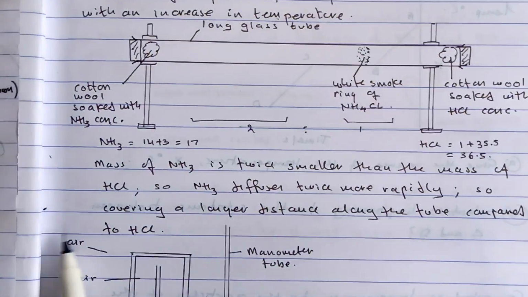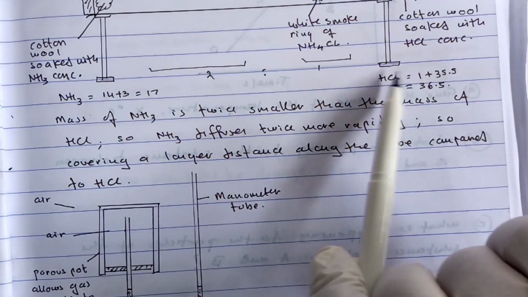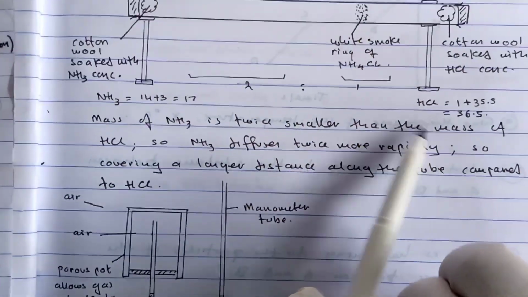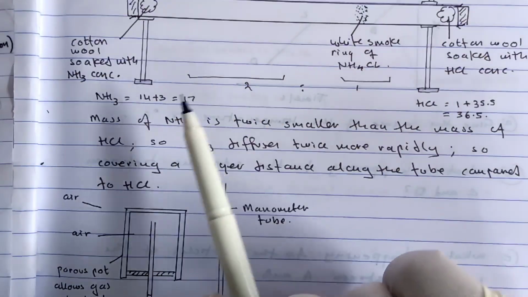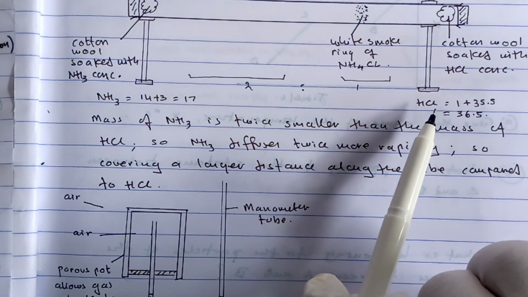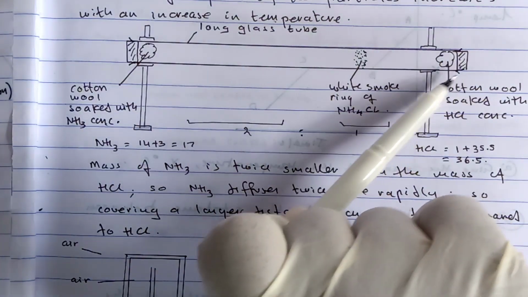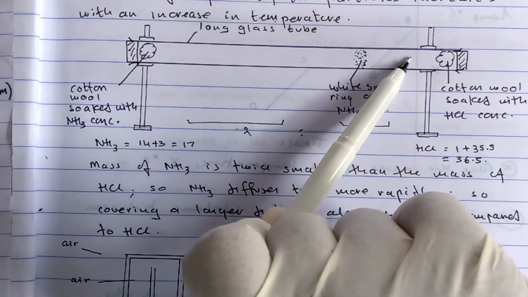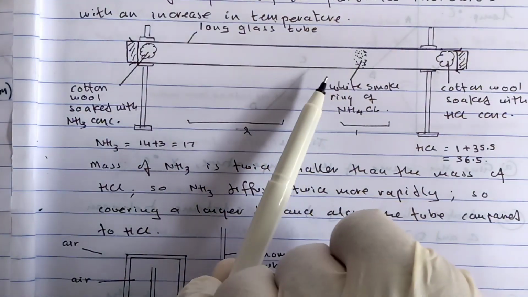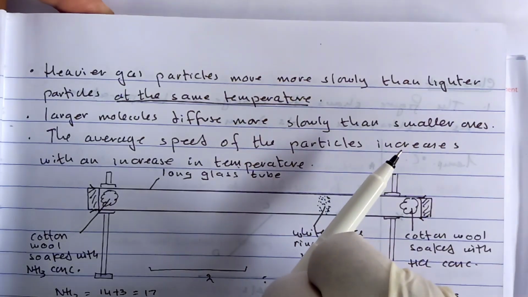Now you can see that ammonia is 17 and hydrogen chloride is 36.5. It is about twice the mass. So hydrogen chloride is about 2 times heavier than ammonia. So you can guess that hydrogen chloride will diffuse at a slower rate and ammonia will diffuse at a faster rate, according to the kinetic particle theory of diffusion.